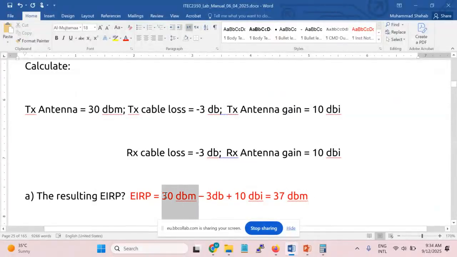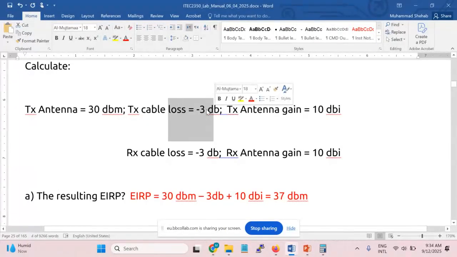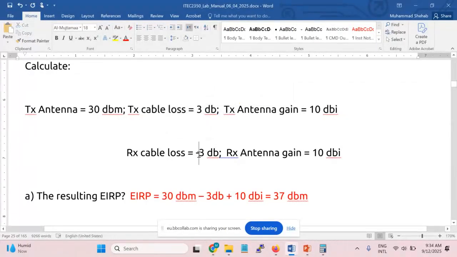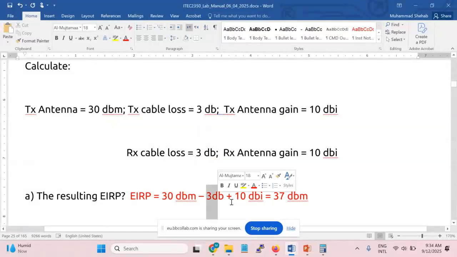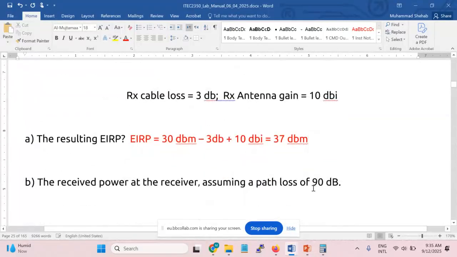I'm using the unit of the transmitter power because the losses and gains are ratios in dB. So if the transmitter power is in dBm, the EIRP is measured in dBm. So it is transmitter power minus cable loss plus transmitter antenna gain, which equals 37 dBm.